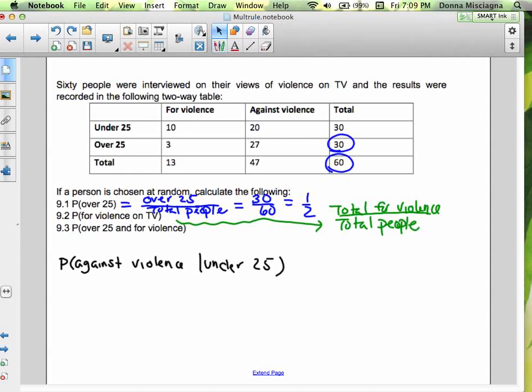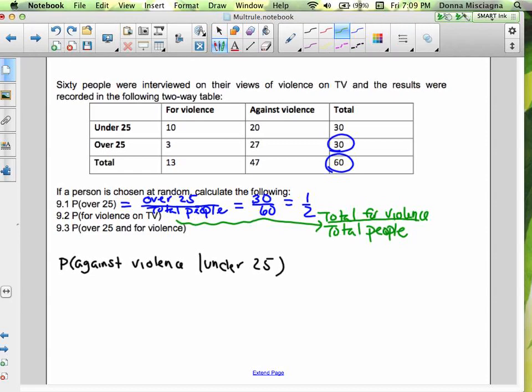So again, it's 60 in the denominator there, because that's our total people. And our total for violence was 13. So 13 out of 60, right? And that does not reduce. All right, so now, those 2 were just simple probabilities.